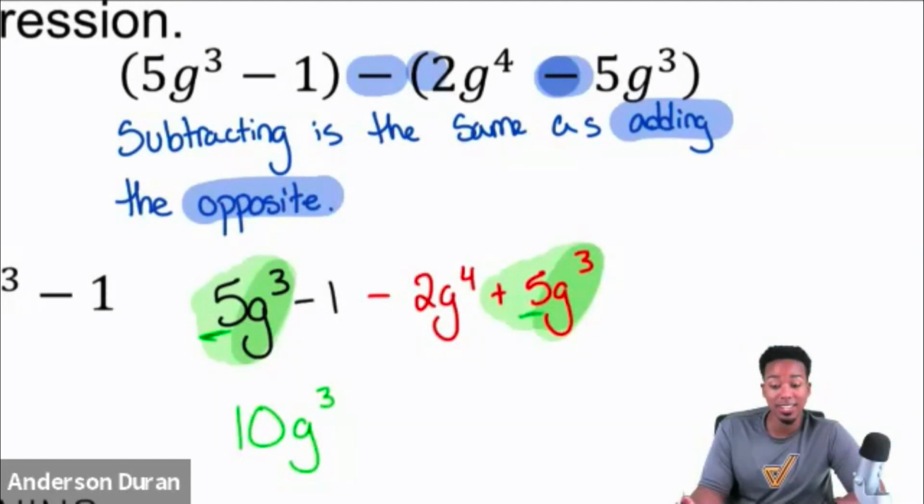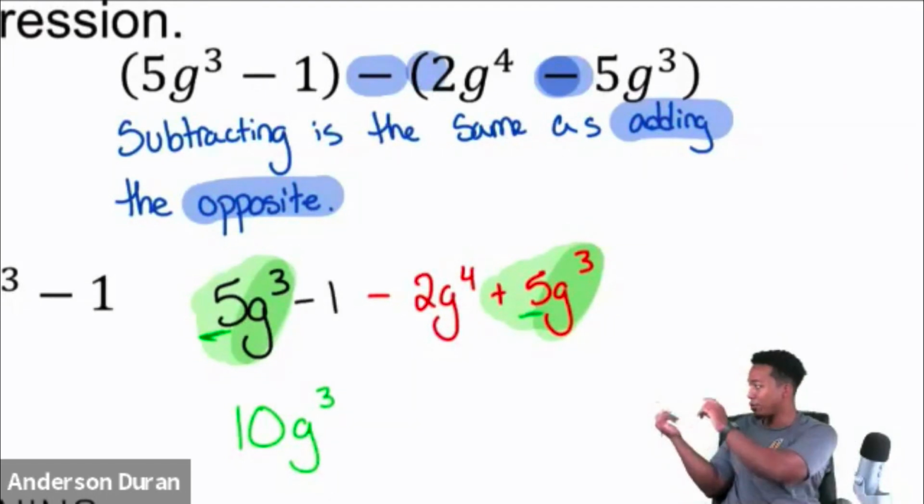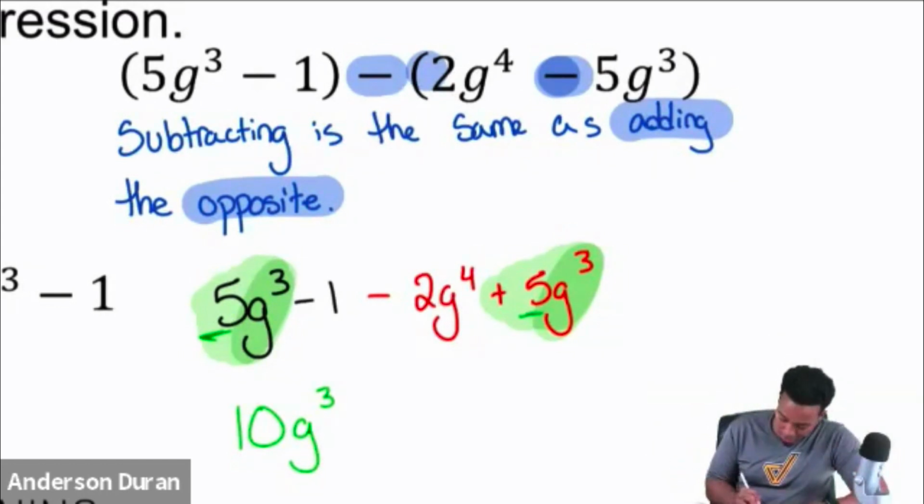Great point, Christine. Exactly. Because there are no more like terms here, again, we have g cubed, g to the power of 4, and then a regular old number. So that's it. We don't have any more like terms, so everything else just drops. So what we're going to have here is -1 minus 2g to the power of 4.